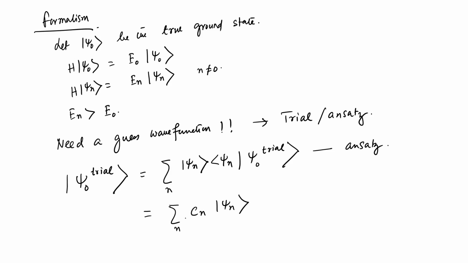And so, this will tell us that the ansatz is exact if C 0 equals 1, and all the other C n are equal to 0 for n not equal to 0, right.